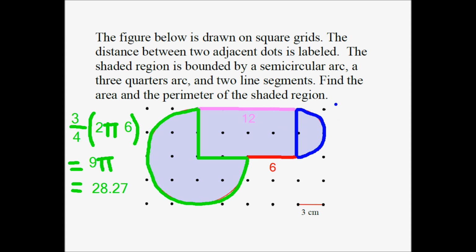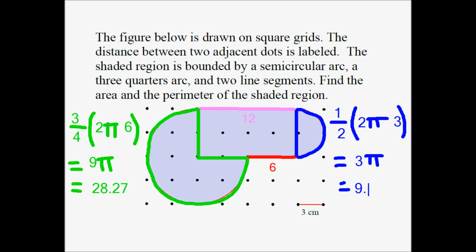So the length of this blue arc, I don't need the diameter, only the arc, is going to be half times 2 pi r, where r happens to be 3, and which boils down to 3 pi. Which turns out to be 9.424.